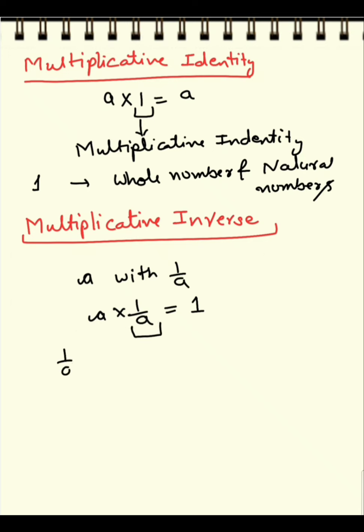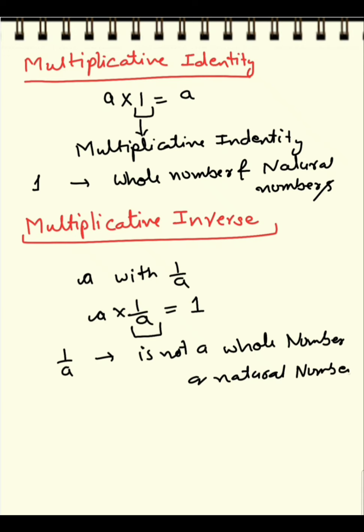But we know 1 upon A is not a whole number or natural number. So we can say that there is no multiplicative inverse for whole numbers and natural numbers.